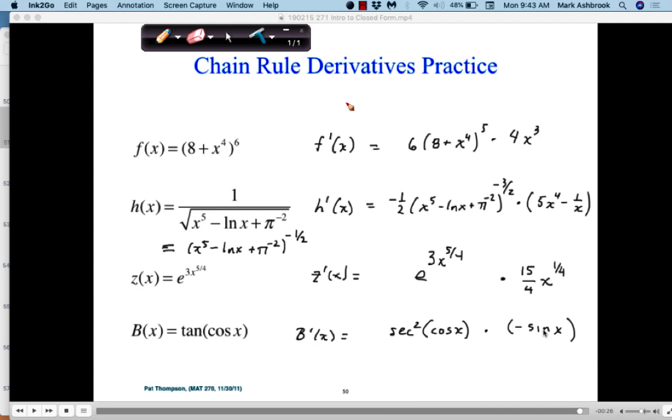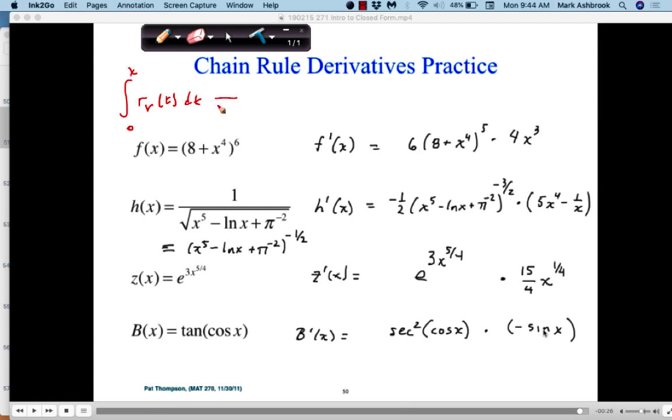Yeah? This might sound like a really stupid question, but is there a difference between the integral and the antiderivative? Yeah. An integral is what we use to, an integral is this. This is an integral. So there's no antiderivative involved in that, right?